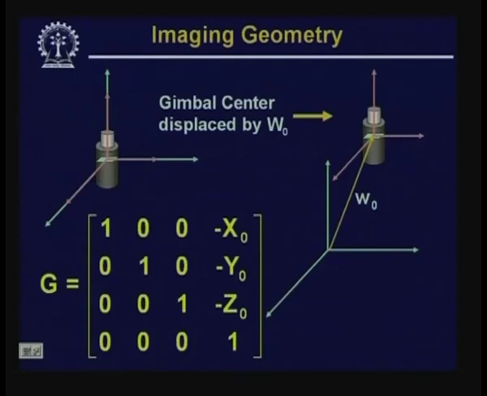So, this is a transformation matrix which translates all the world coordinates, all the world points by vector minus x naught, minus y naught, minus z naught, and this transformation is now with respect to the camera coordinate system.